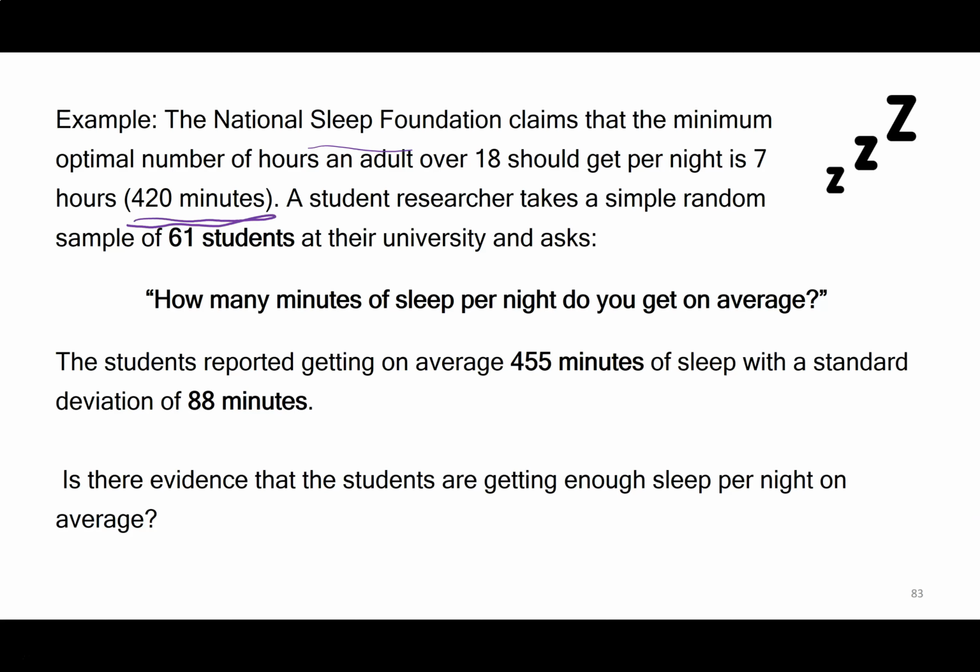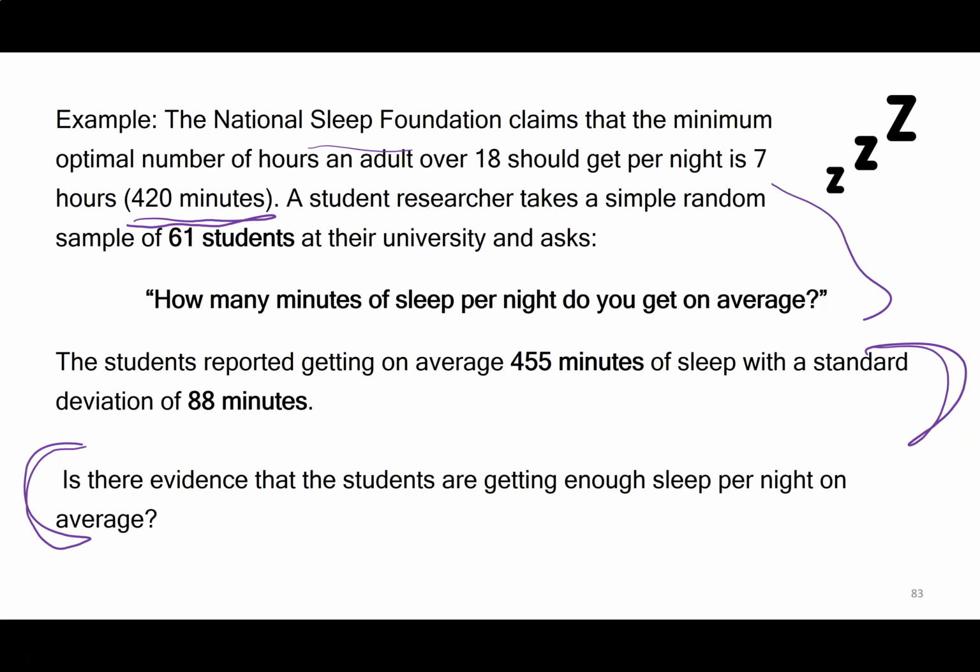A student is interested in whether or not this is what's actually happening. So they randomly sample 61 students at the university. They ask them, how many minutes of sleep per night do you get on average? And they get an average in that sample of 455 minutes and a standard deviation of 88 minutes.